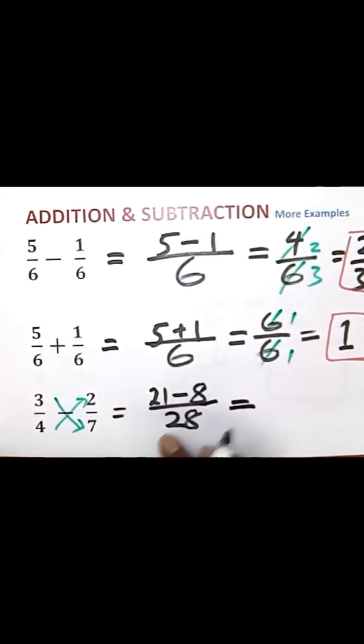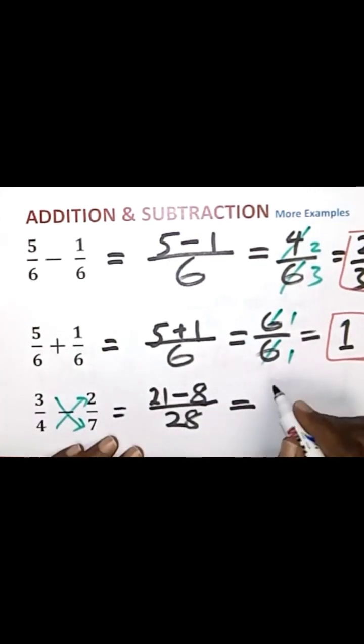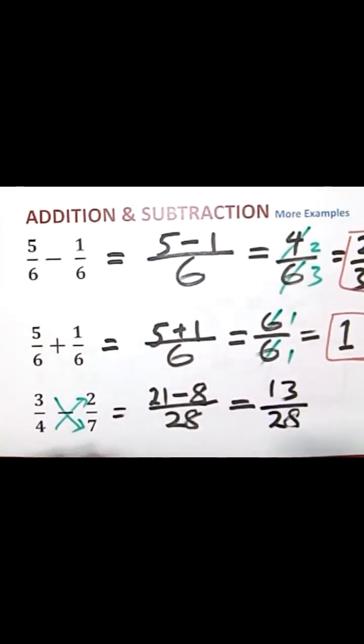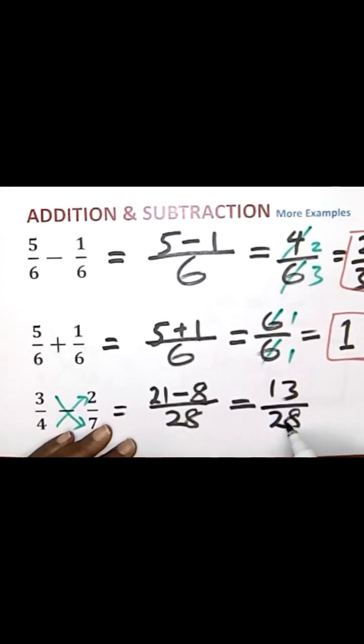So what does that give us? 21 minus 8. That gives us 13 all over 28. 13 over 28. And that's simply the answer.